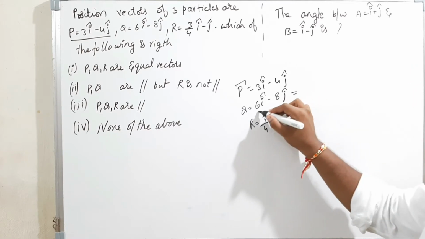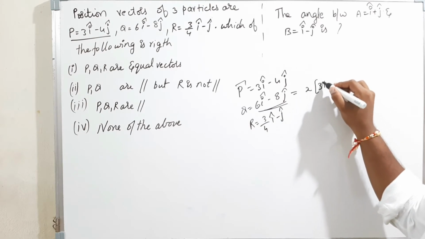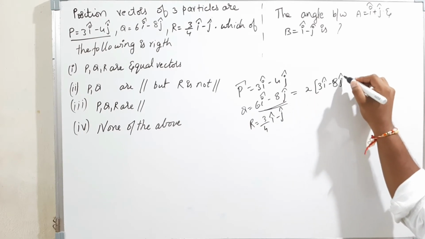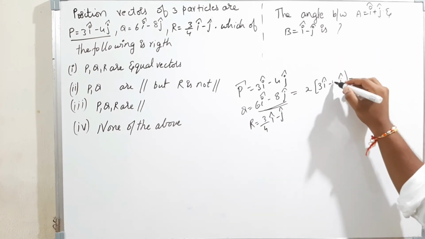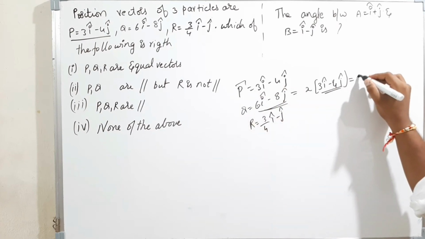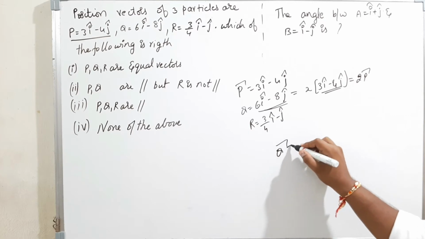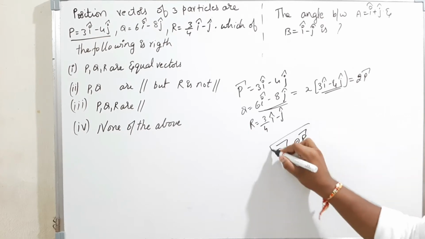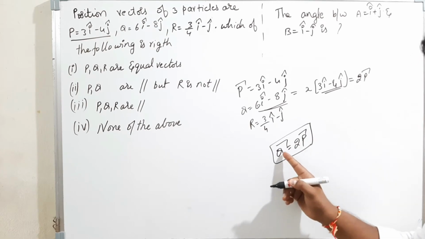Now see here. This Q I can write like this. If I take 2 common, what I will get? 3i cap minus 4j cap. This 3i cap minus 4j cap I can write as P bar. Therefore 2 into P bar. Now I got one relation: Q bar is equal to 2 P bar. What is the meaning of this?